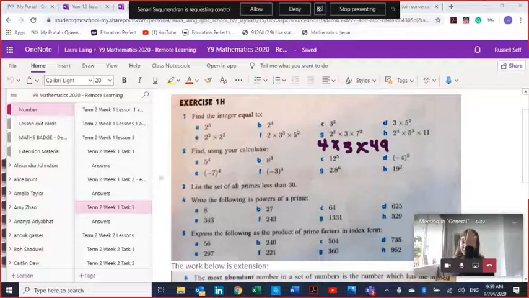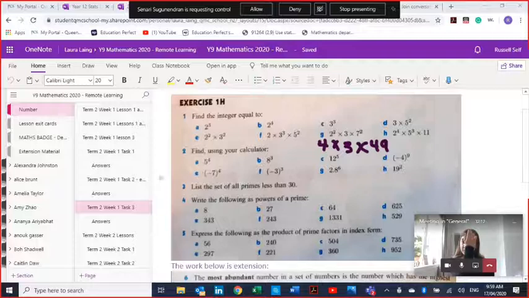Okay, so let's see. Find using your calculator. Number 2 is optional. You can do number 2 if you want to. That's fine. Number 3, I do want you to do, list all the primes less than 30. Number 4, write the following as powers of primes. So in other words, find all the prime factors.